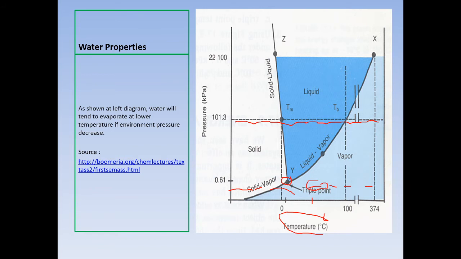But if you increase the pressure at the same temperature, the water will be a mix between liquid and vapor, but above 1 bar, above here, it will be definitely liquid.